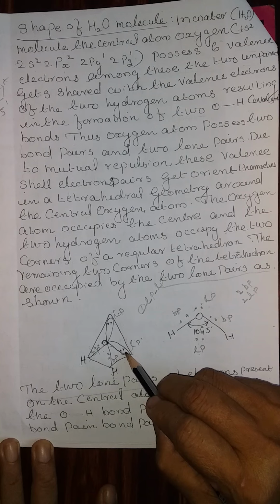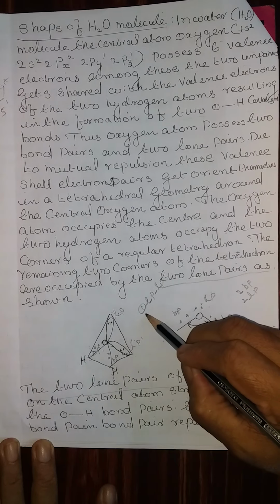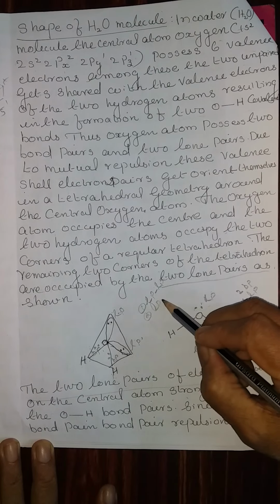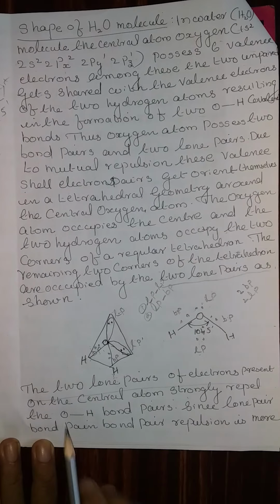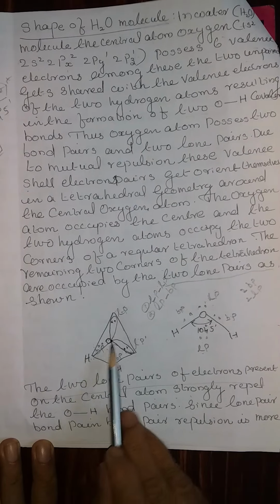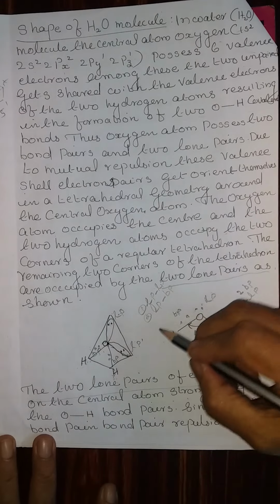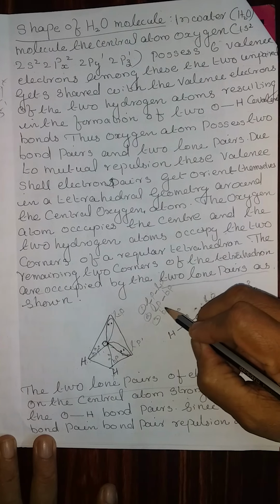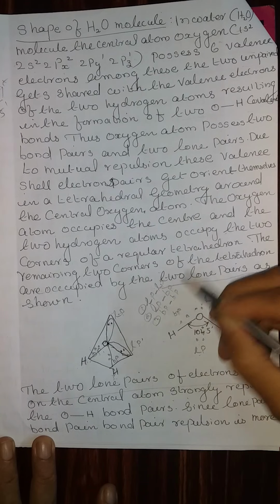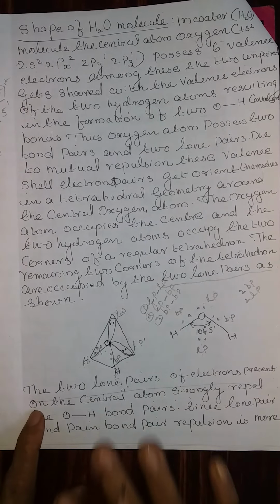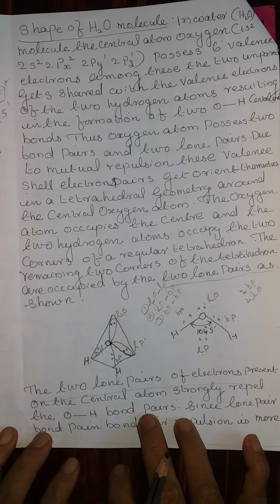And this is lone pair, this is bond pair. Therefore, the second type of repulsion is lone pair–bond pair. Now here O–H and O–H both are bond pairs. Therefore, another type of repulsion, bond pair–bond pair. All 3 kinds of repulsions are there in the water molecule.